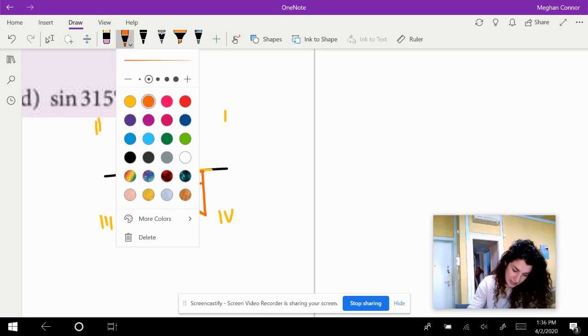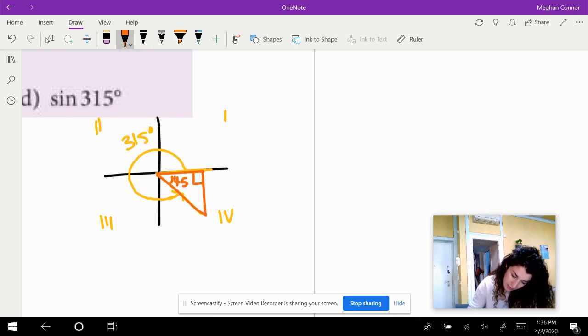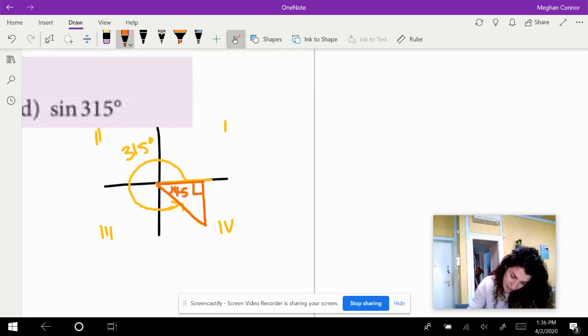Labeling my side lengths appropriately. The x value here is positive, but the y value is negative, so I'll make that -1.